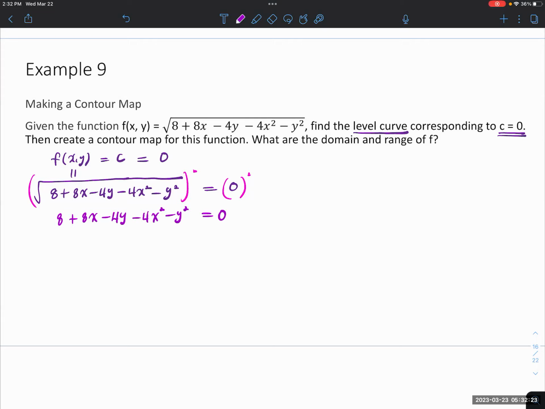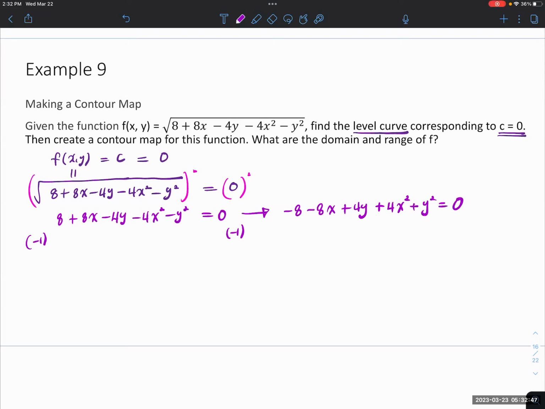Now let's multiply by -1 everywhere. So this is going to be -8, -8x, positive 4y, positive 4x squared, positive y squared equal to 0.